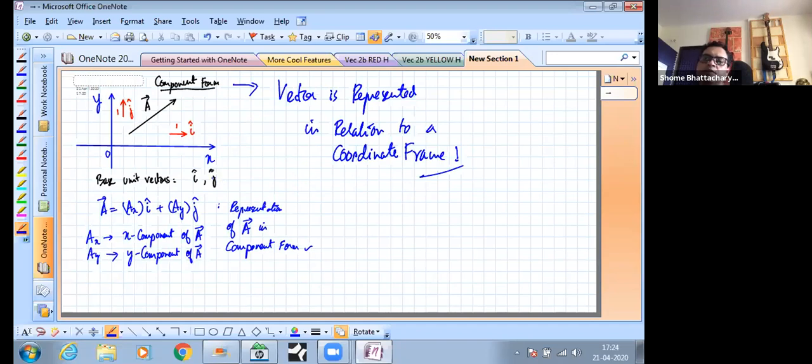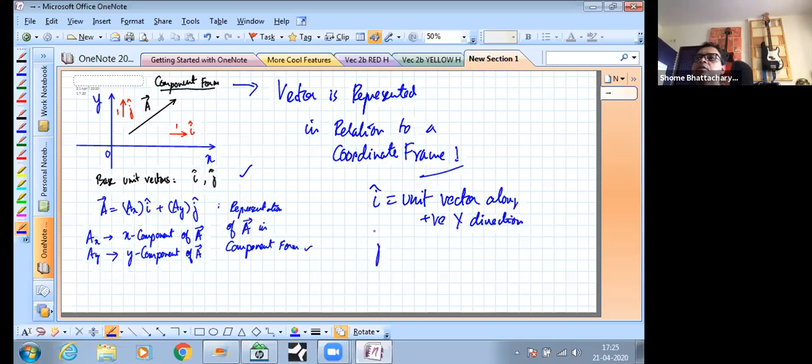And the moment you've defined your system of axes, the next important thing is the base unit vectors, or what we also call the standard unit vectors, which are nothing but i cap and j cap. So what is i cap? It is a unit vector along the positive x direction, along the direction in which your positive x-axis is pointing.